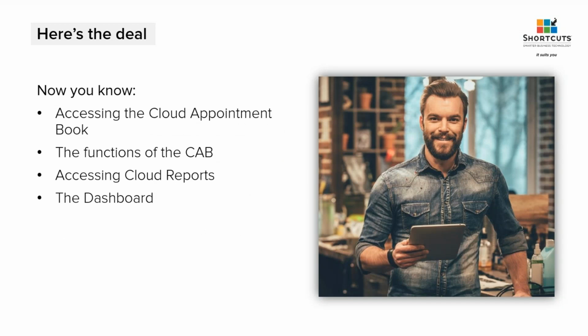So you should now know how to access the cloud appointment book. Again, you can go directly from point of sale or the console online. Some of the basic functions of the cloud appointment book. We are going to talk about more advanced features of the cloud appointment book in next Tuesday's lesson.